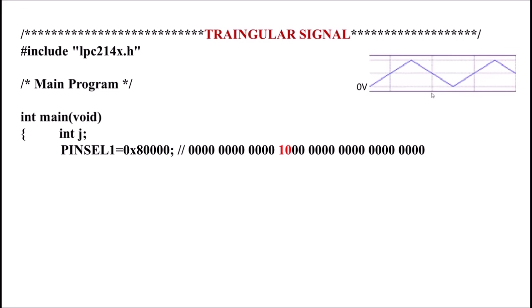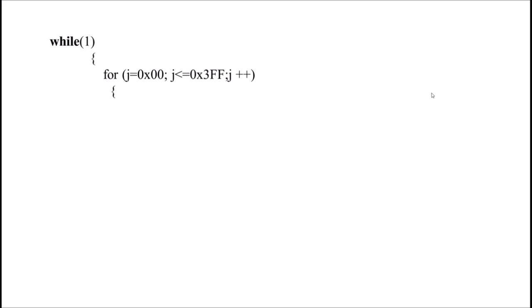So same initialization of the PINSEL1 register, the IODIR register, call delay, and in the while(1) loop, first we'll start incrementing this j till j becomes 0x3FF. So this is for the increasing signal.